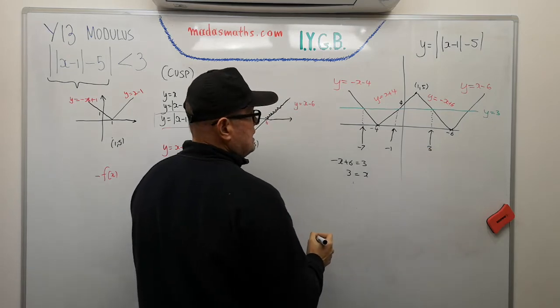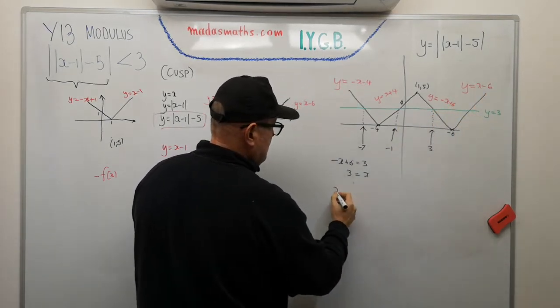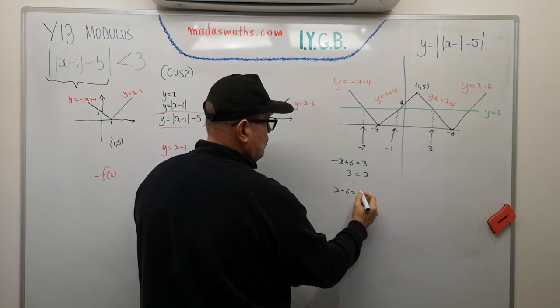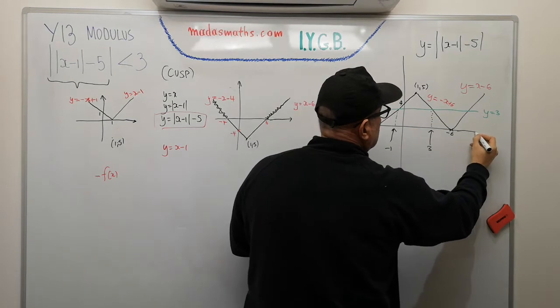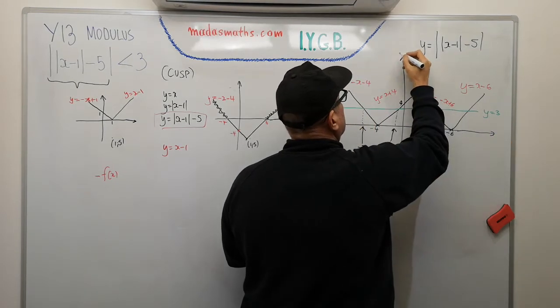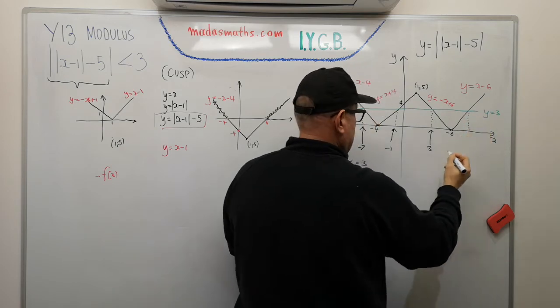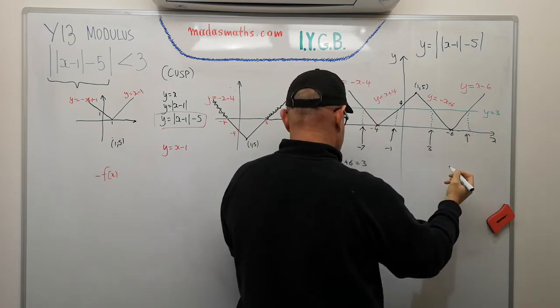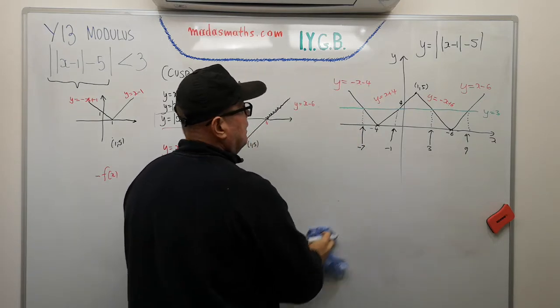And lastly, when I'm intersecting this line, which is x minus 6 is equal to 3, I'm going to get x is equal to 9. So let me extend the axis a little bit. That's my y, that's my x, and this is 9. So I'm almost done.